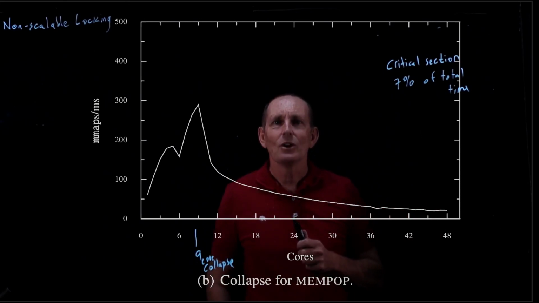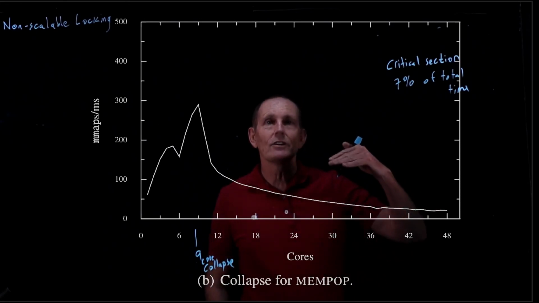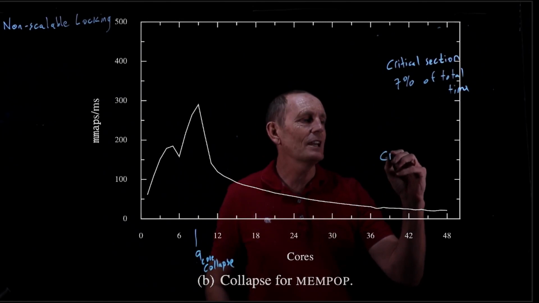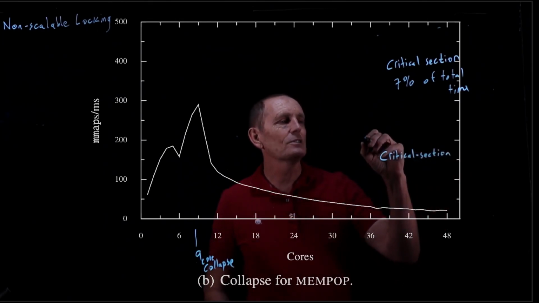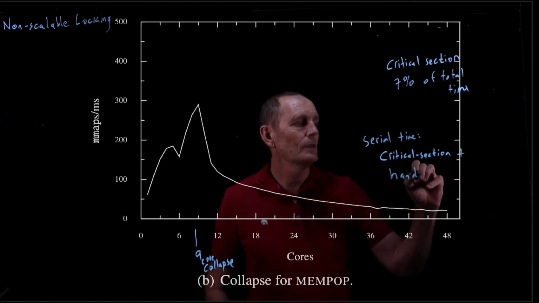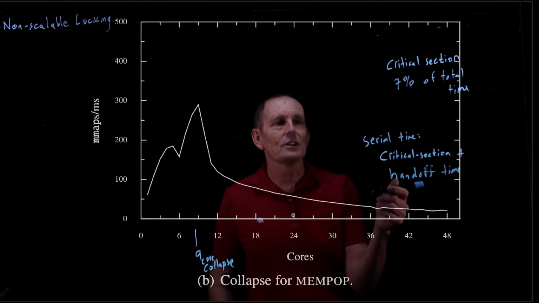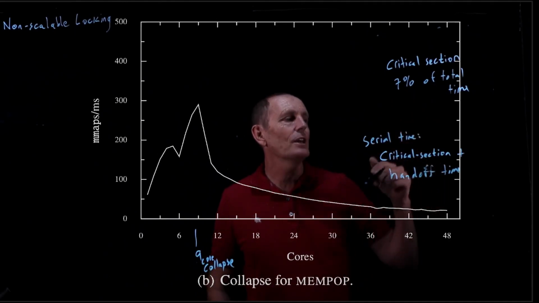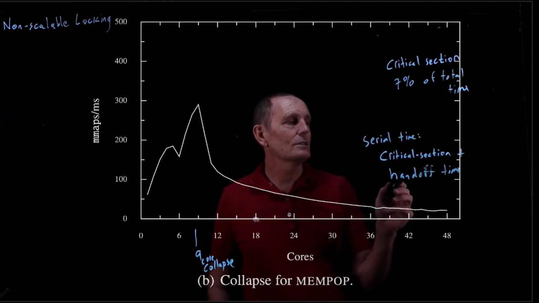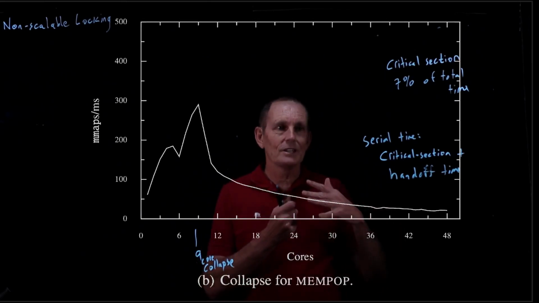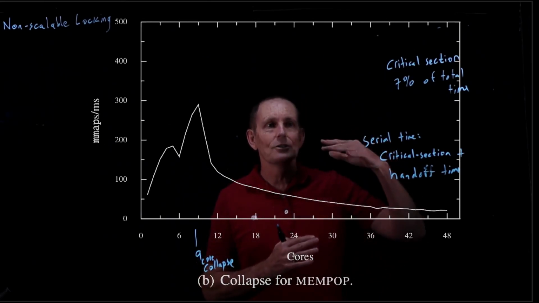The problem is once we've got a number of cores waiting for an unlock, the serial time is equal to the critical section plus the handoff time. As we get up to about 9, this handoff time starts becoming more. So our total serial time appears to become more like 11%, right? 7% for the critical section plus around 4% for the handoff time. Because our slower handoff time also means the number of waiters is growing, so we get this interaction.